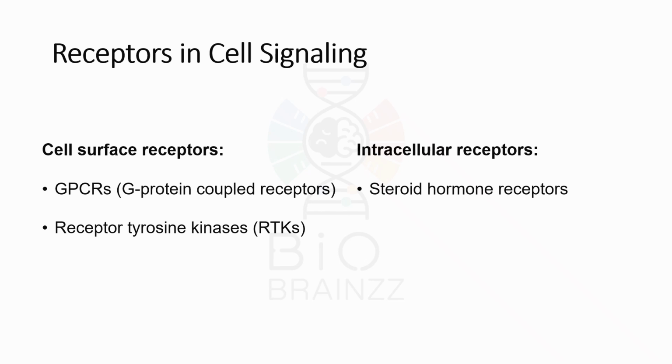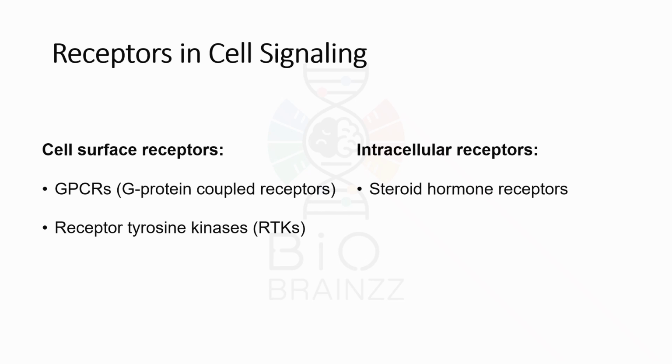Now we will understand receptors, which are very important in cell signaling. Receptors are proteins that receive signals from outside the cell and convert them into a response inside the cell. Without receptors, even if signals are present, the cell will not be able to respond. There are two types of receptors: cell surface receptors and intracellular receptors.